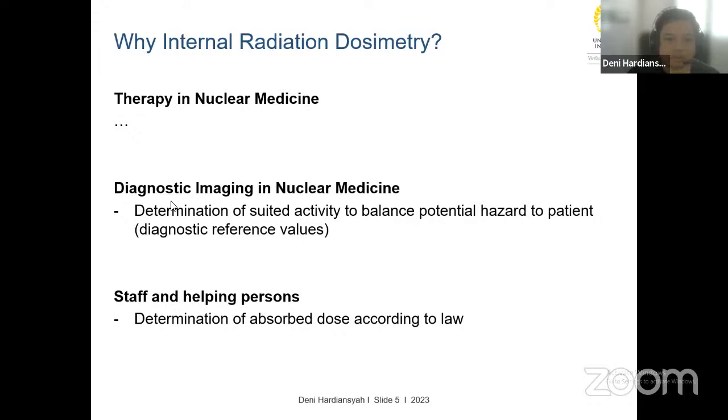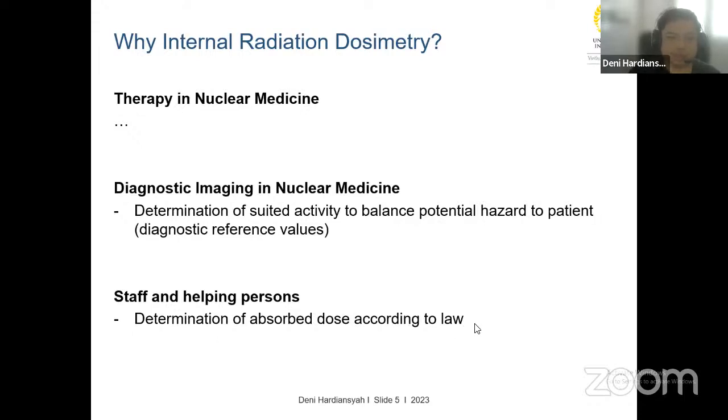Why? Because usually we use a lower amount of radiation. Here we determine which activity to use to balance the potential hazard to the patient, and this is what we call the diagnostic reference value. For the staff and helping persons, it is also important because we can determine the absorbed dose according to the law.